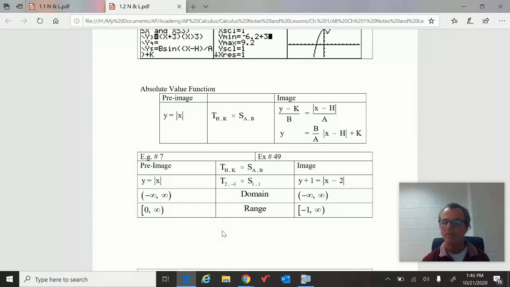And you accomplish that by doing the opposite. So to expand my x's by a factor of A, I divide x by A. To expand my y's by a factor of B, I divide by B.